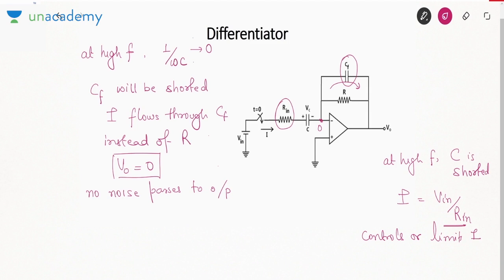It will never let current reach a very high value. It will always limit the value of current. So Rn basically limits the value of current and CF makes the noise output equal to 0. There will be no noise at the output of the differentiator. So that is why we have modified or added these two elements in the differentiator.